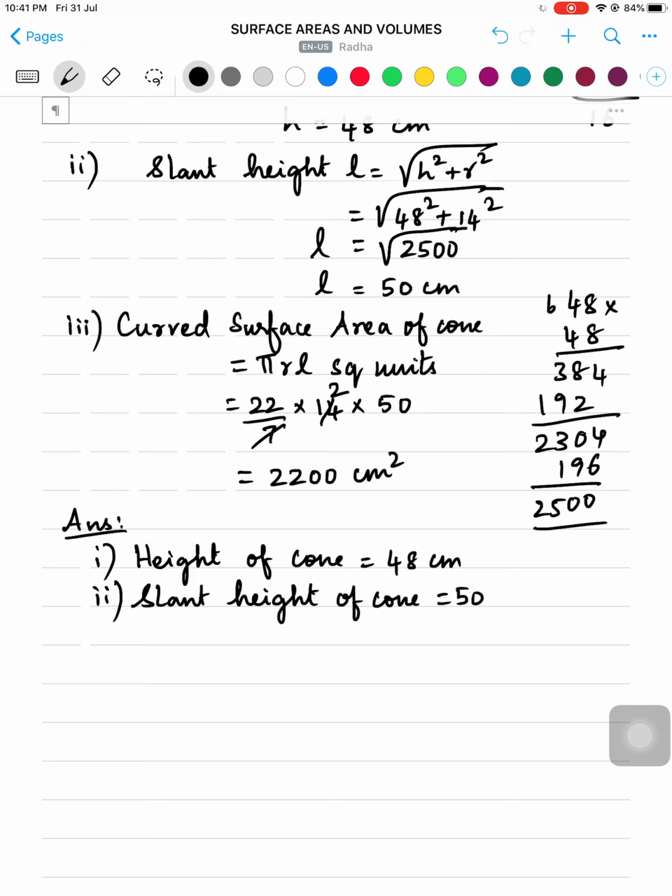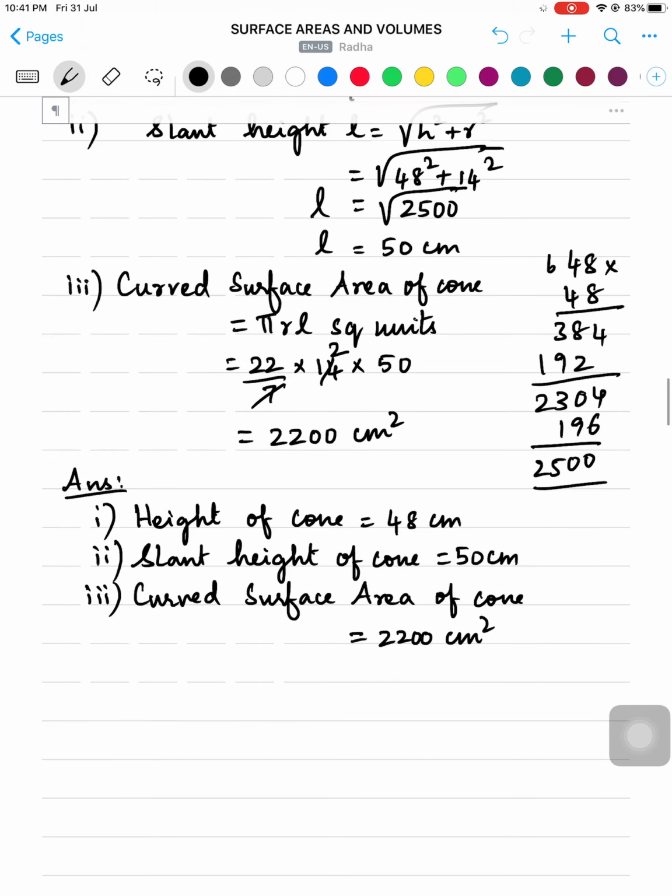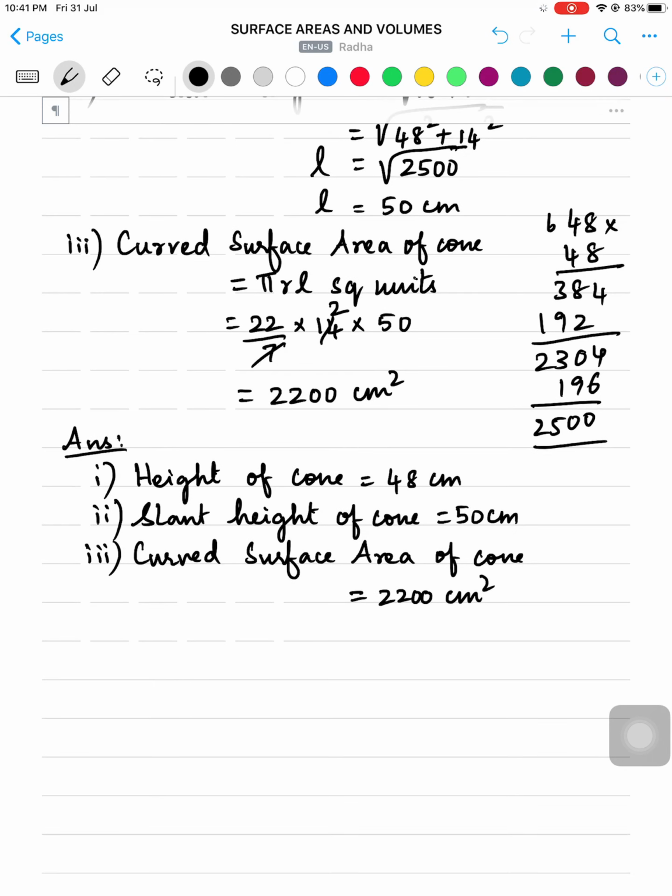That is 50 centimeters. And what is the third one they told you to find? Curved surface area of the cone. By what formula we found it? Pi RL square unit. So we found the curved surface area of the cone as 2200 centimeter square.